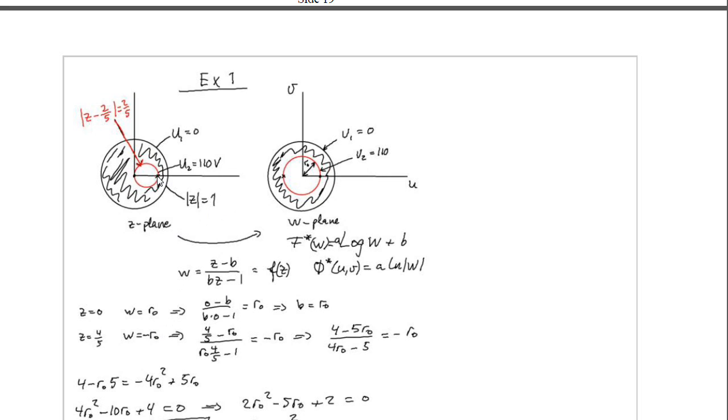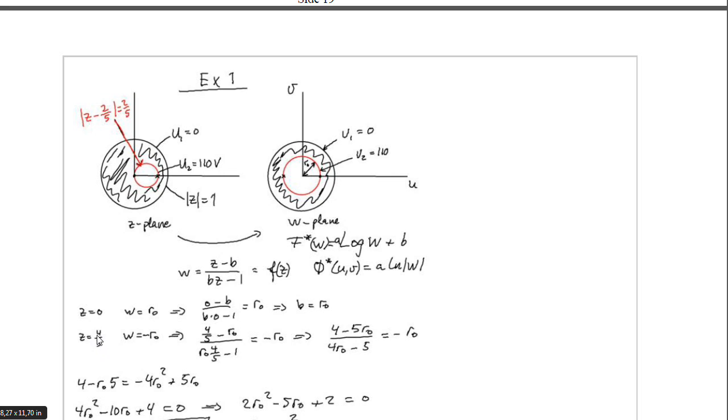Similarly, if we map this point onto this point, then we must choose the z value here, which is equal to 4/5. In order to see this, we know that the center here is 2/5, and this point is then equal to the double value of this. So z is equal to 4/5.